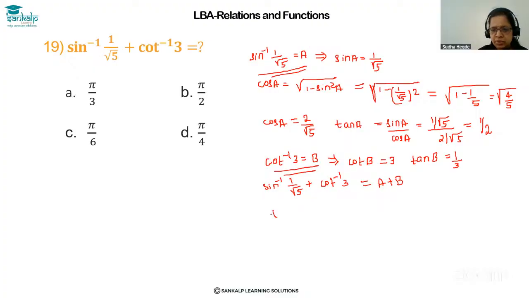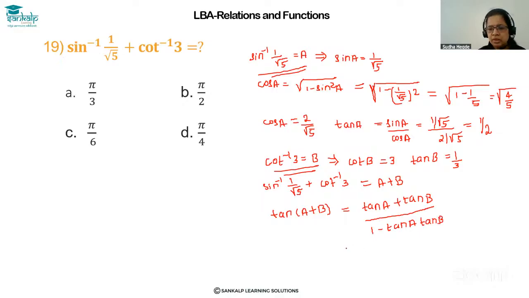Now consider tan of A plus B. Tan of A plus B, that is equal to tan A plus tan B divided by 1 minus tan A tan B. Correct?